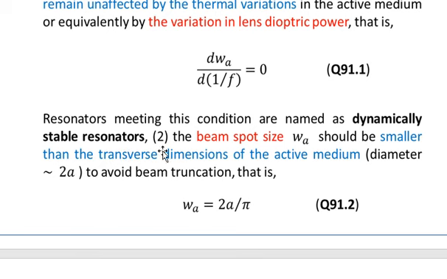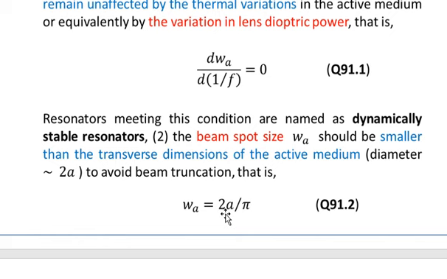Now condition 2 is that the beam spot size WA should be smaller than the transverse dimensions of the active medium. Here we are assuming that our active medium has a diameter of the order of 2A. To avoid beam truncation, WA is equal to 2A over pi.